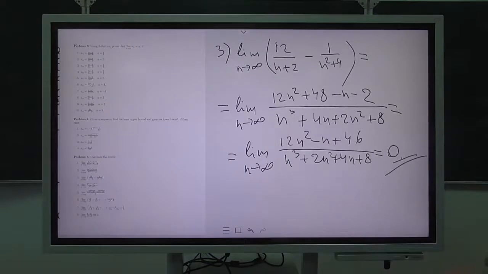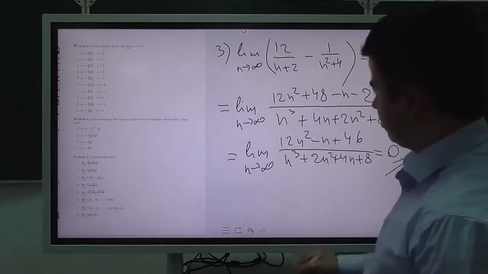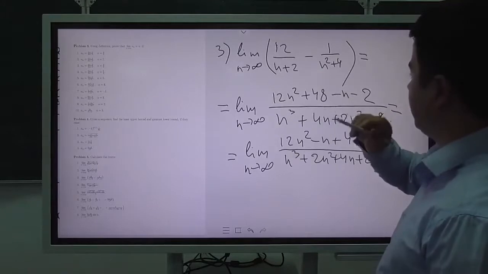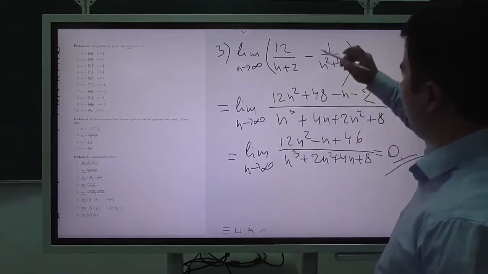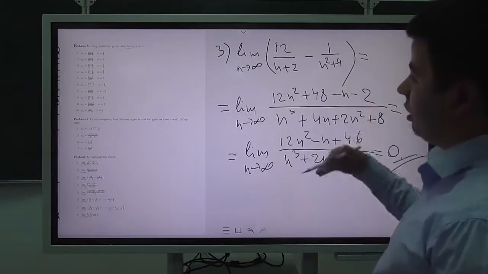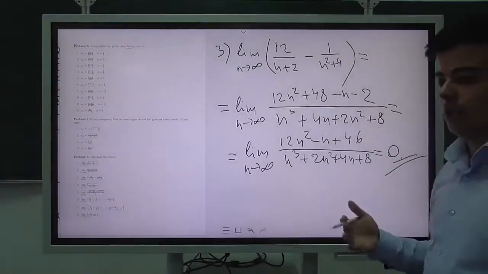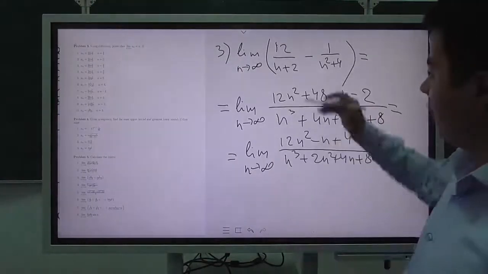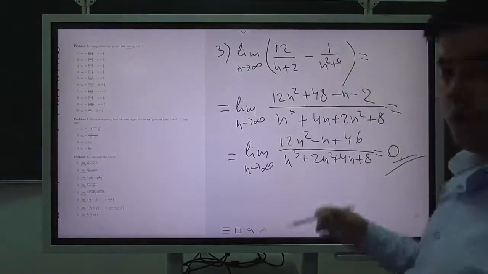So now the next example. If we find the limits separately, we do not always get the correct answer. That's why firstly we need to simplify them.